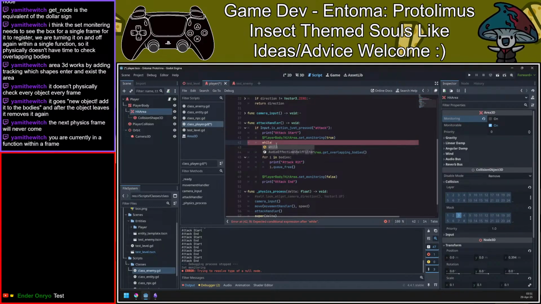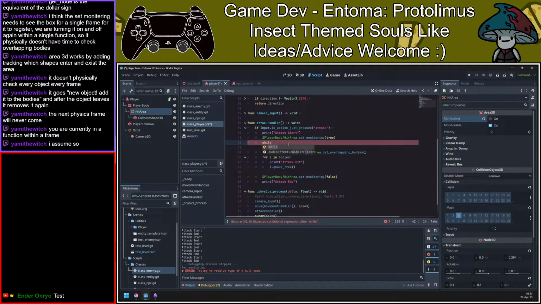Oh, so it only checks at the start of a frame? So because the entire process happens within 1 frame, it never actually hits the predetermined point in time to check? That's stupid, but I suppose it makes sense. Personally, I would assume that it would check when I tell it to check.